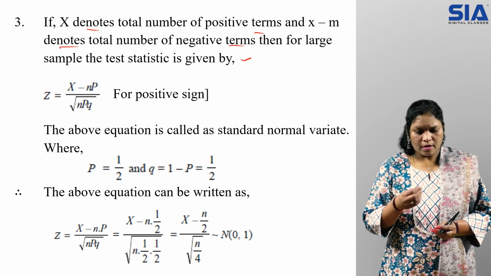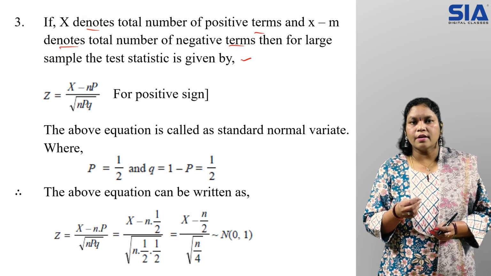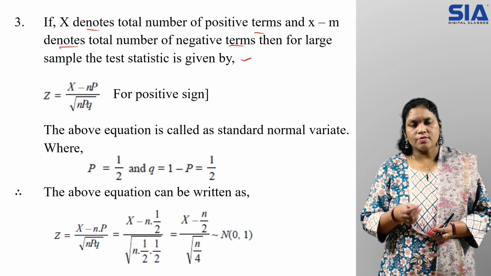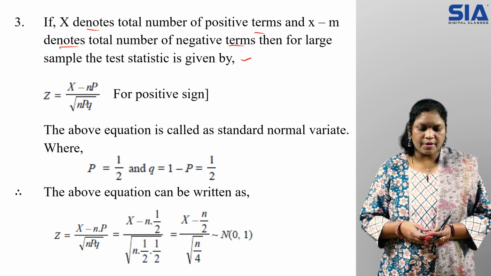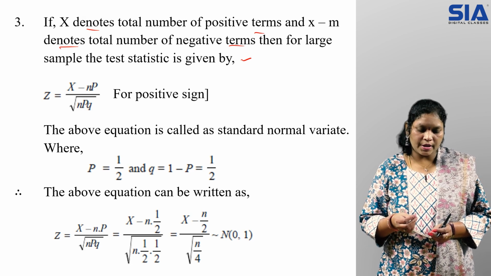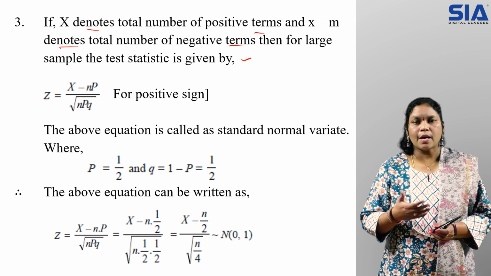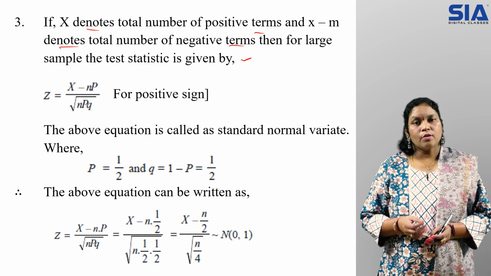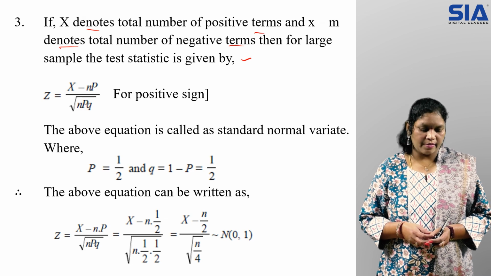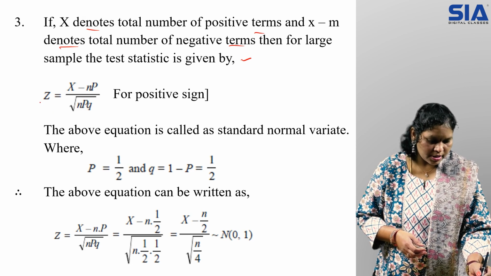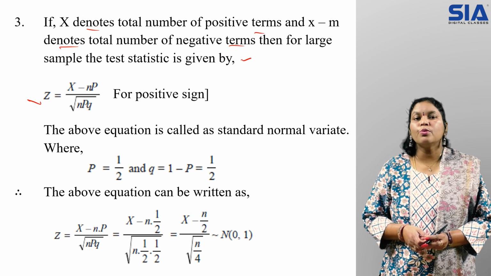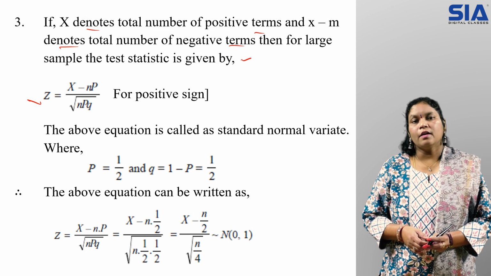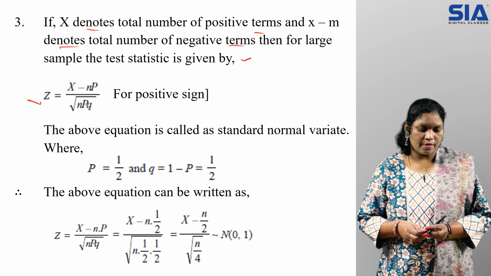So whenever signs are here, x denotes the number of positive symbols, right? For large samples we get positive and negative terms. If the sample size is more, then we'll go for the normal population. So let us have a glance at the normal population formula here. This becomes z is equal to x minus np by root over npq, the normal population formula for us.